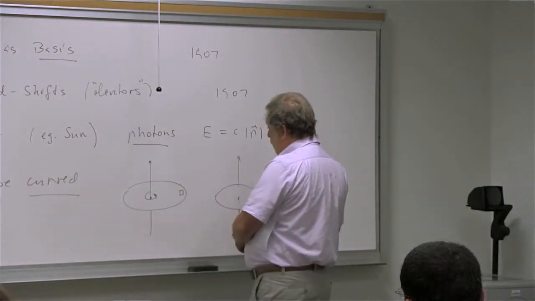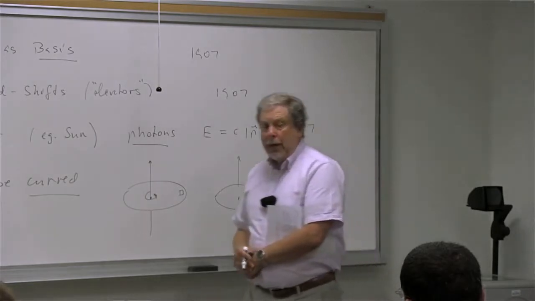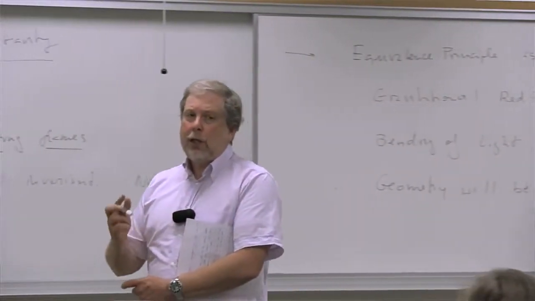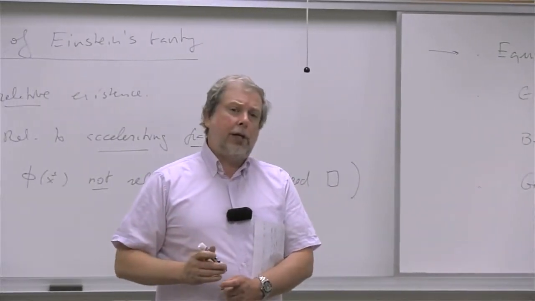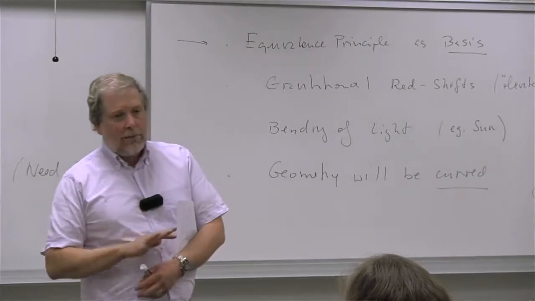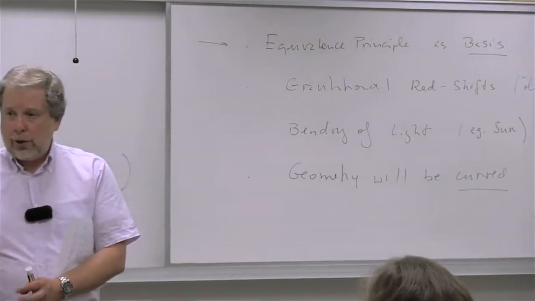There's going to be some curvature, right? And so that means that the relationship between the radius of the disk and the circumference of the disk is not what you would expect on the basis of flat space or Euclidean geometry, right?